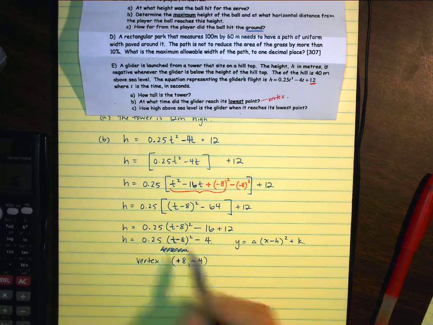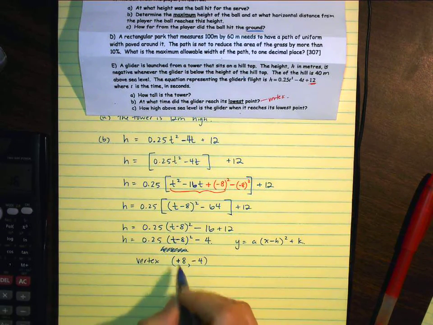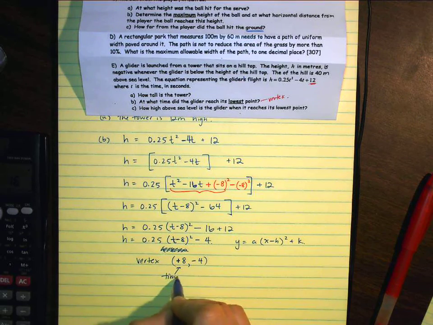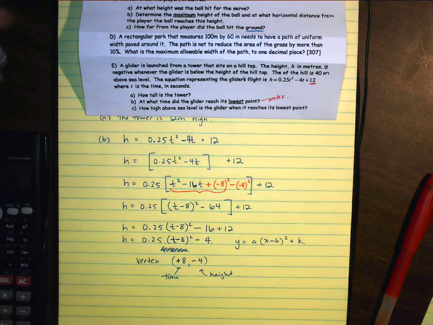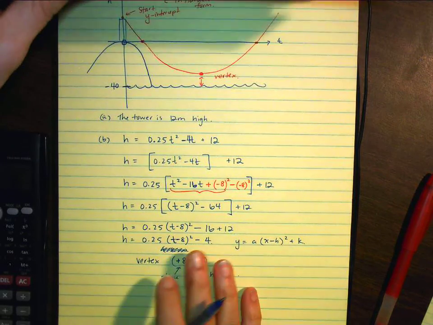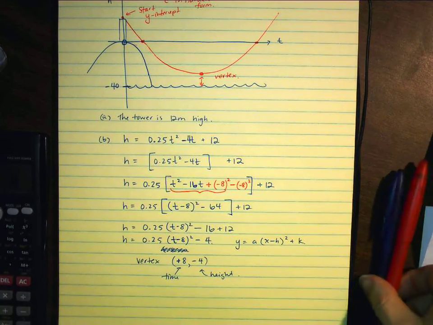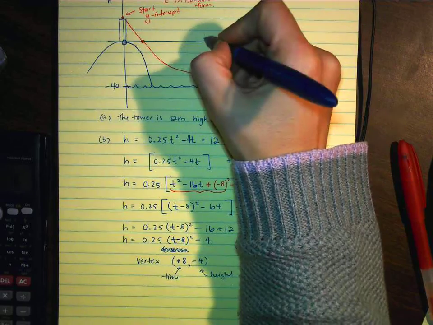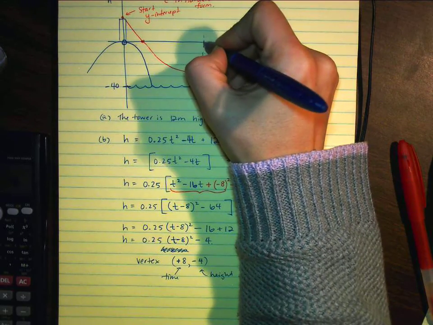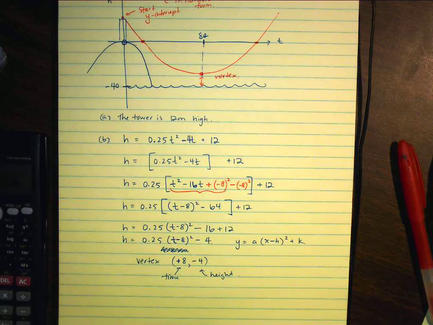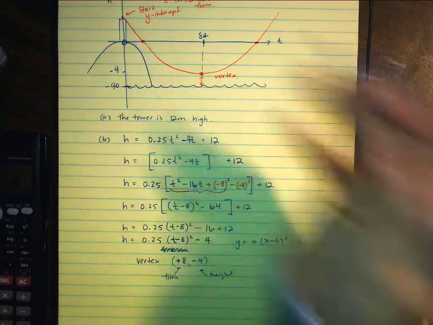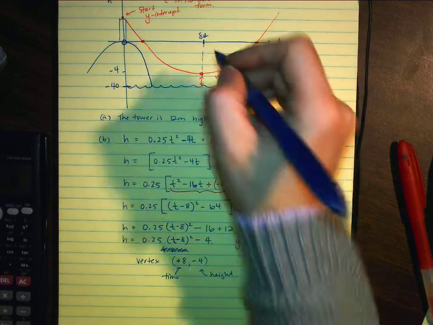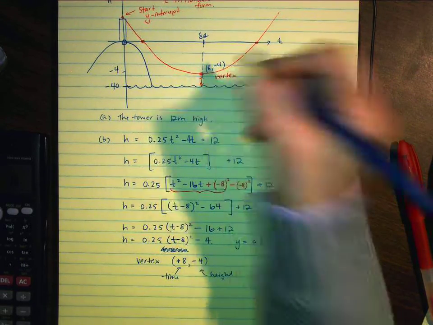So what does that mean? This is time, and this is height. So if I go back up here, that means that this would be at 8 seconds, and this would be down to negative 4. So my scale is way off, but that's okay.